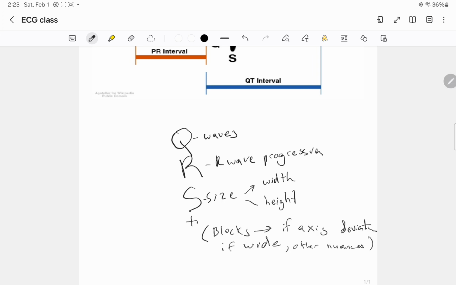Okay, so let's break this down. So Q waves. So what are these? Well, as we've mentioned before, Q waves are the first negative deflection of a QRS complex, right? So for example, this would be a Q wave. So how are Q waves formed?